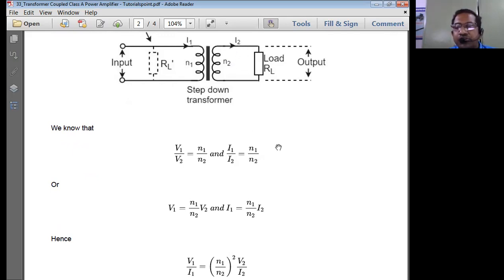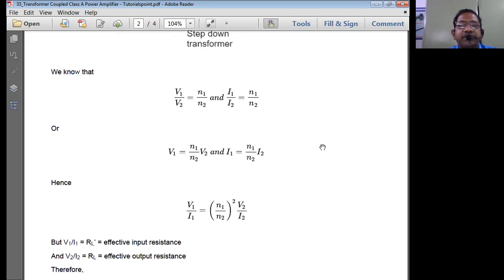The voltage is directly proportional, and I1 and I2 are inversely proportional, so I1 by I2 becomes equal to N2 by N1. These are the basic equations for a transformer. Using them, I can write V1 equal to V2 into N1 by N2, and I1 equal to I2 into N1 by N2.